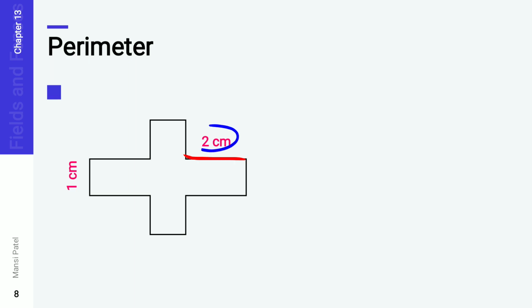If this line is 2 centimeter, then all these lines, first, second and this third, these three lines have a measurement of 2 centimeter only. Yes? Now see the other one. If this line is 1 centimeter, then all lines of this type, first line, second line, third line, fourth line, fifth, sixth and this seventh line, all these lines have 1 centimeter measurement.